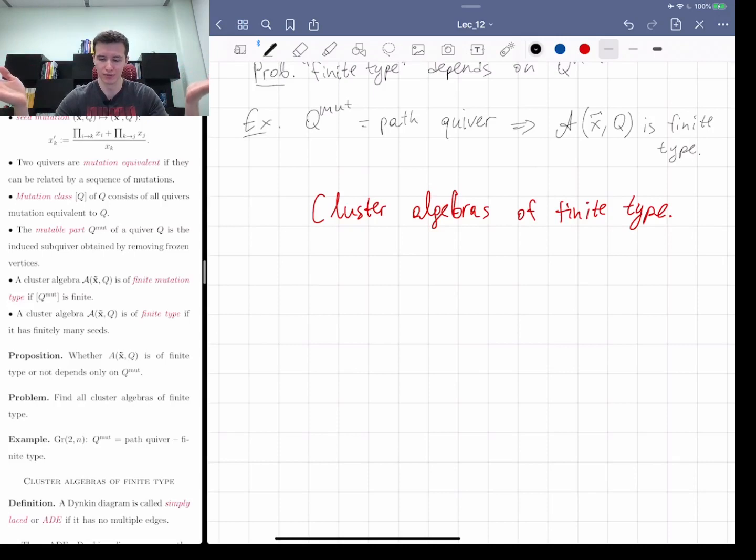In cluster algebras, you can start with some quiver, maybe something like this, and then you can assign some variables, and then you mutate in all possible ways, and you ask whether you get finitely many seeds.